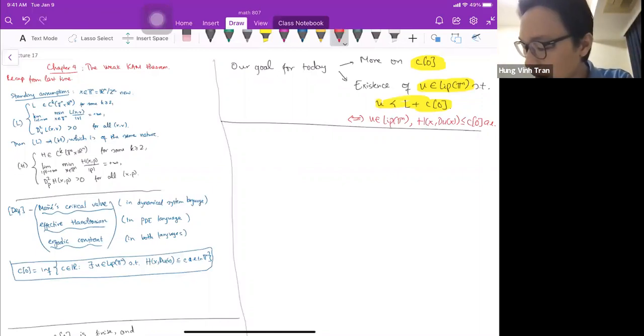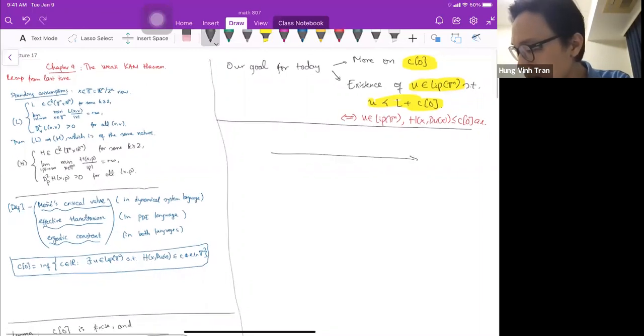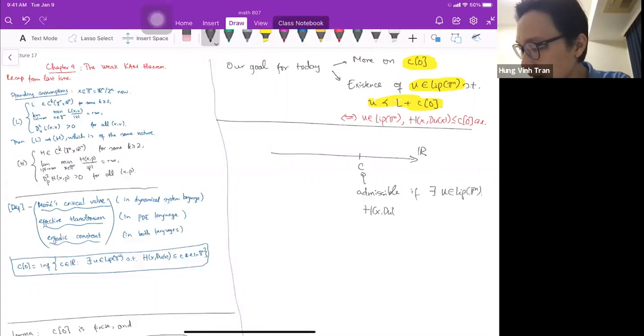Okay, so let me recall the definition. Maybe this is a real line that contains all admissible C. So C is admissible if there exists U in Lipschitz of the torus such that you have H of x, the Ux is less than or equal to C almost everywhere.